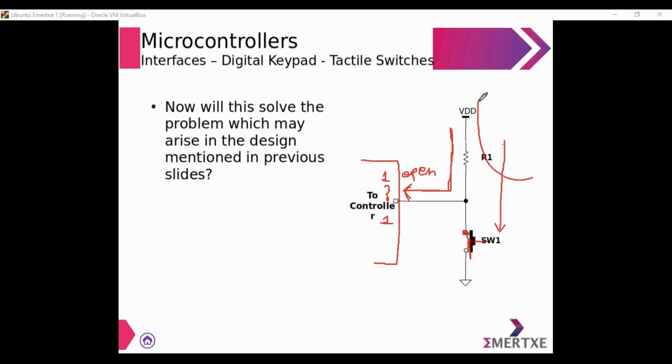So you will be able to identify a ground here. So whenever the switch is pressed, you will be able to read a 0 at the pin of the microcontroller. Are you understanding this?